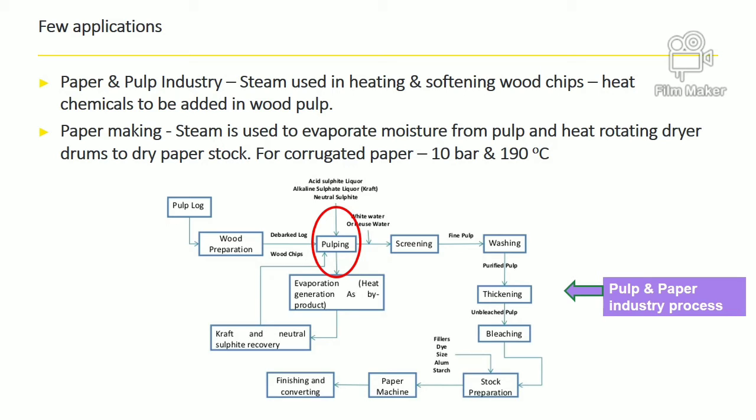Also, steam is used to evaporate moisture from the pulp and to heat rotating dryer drums to dry paper stock. For corrugated papers, steam is used at 10 bar and 190 degrees centigrade.